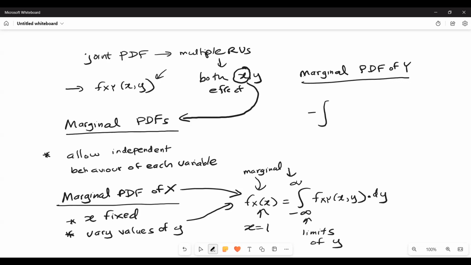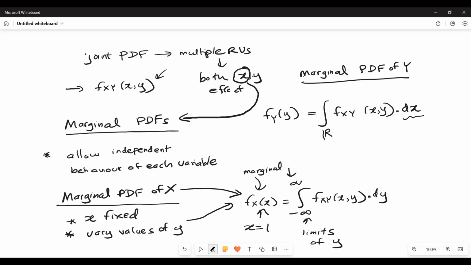So the marginal PDF of Y we can define as F_Y(y), and the range of the values of X which we are varying, and then we are taking the integration of the joint PDF function with respect to x only.